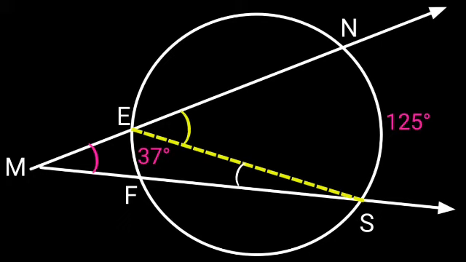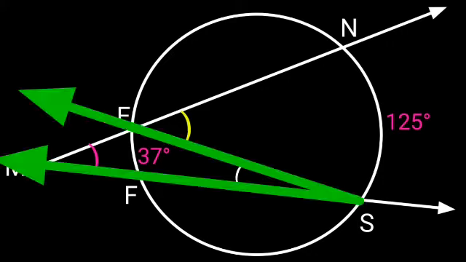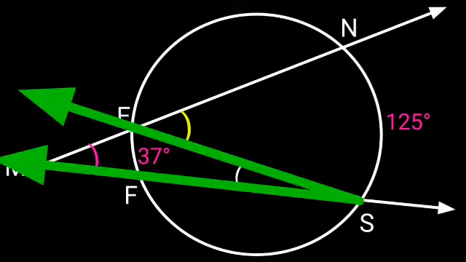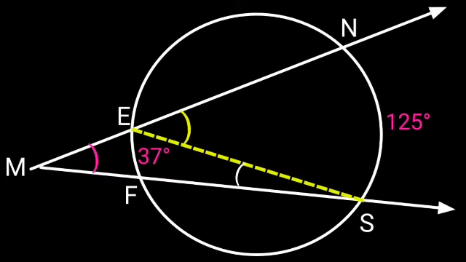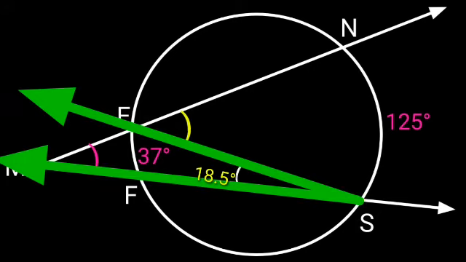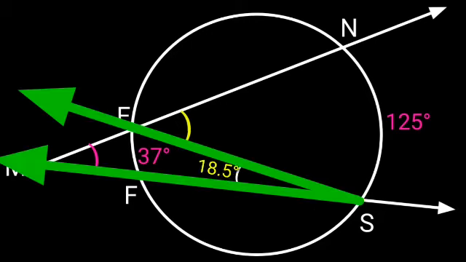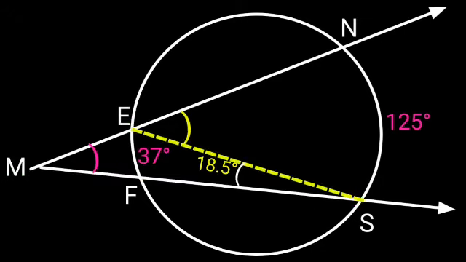Arc EF is the intercepted arc of the inscribed angle ESF. By the inscribed angle theorem, we get angle ESF is 1/2 of 37 degrees, that is equal to 18.5 degrees.